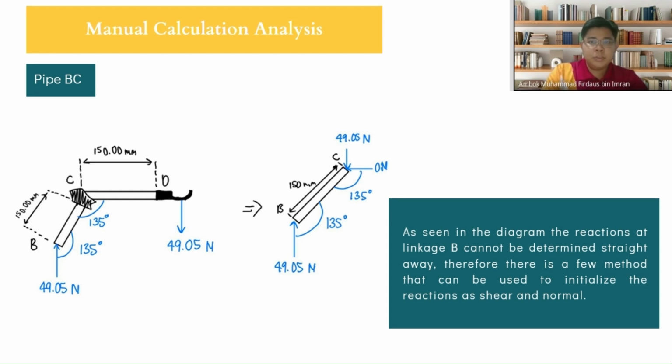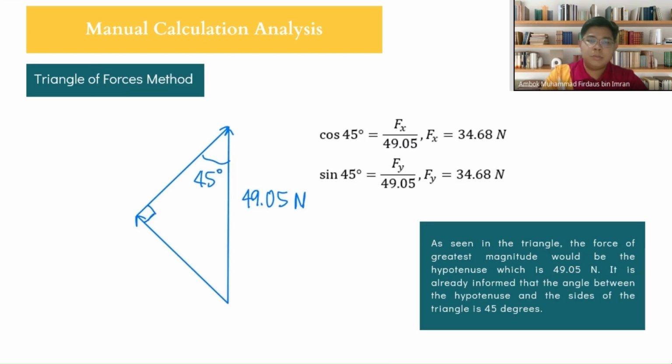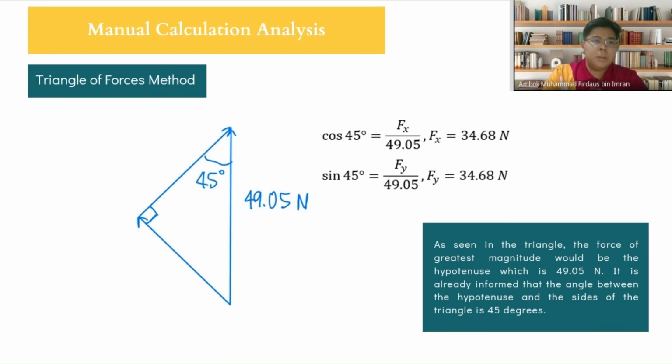There is an approach for us to find the shear force and normal force for this problem. One of the methods that I use is the triangle of forces method. We have already known that the greatest force acting on point B is 49.05 Newton.